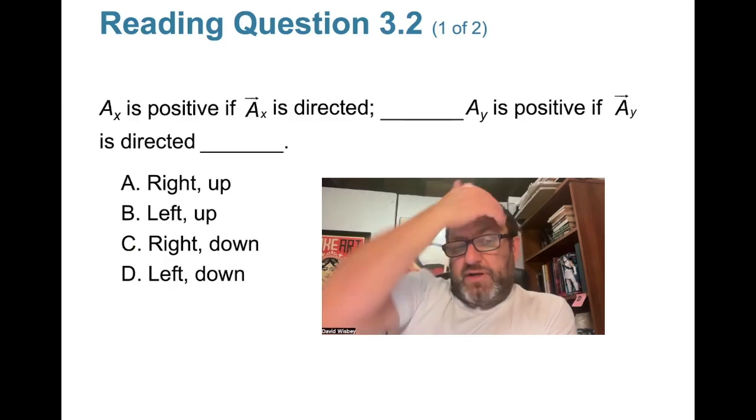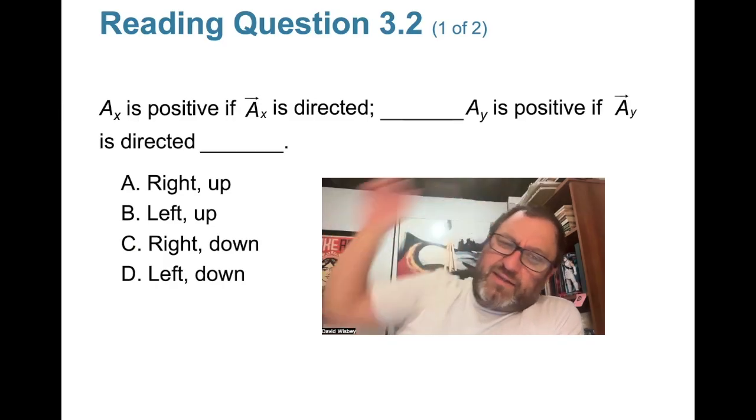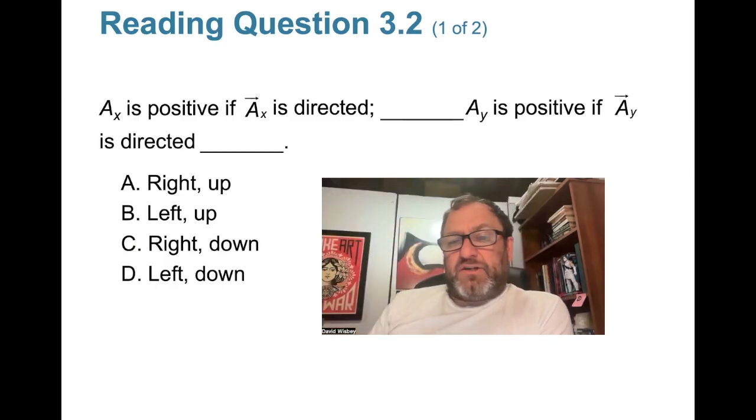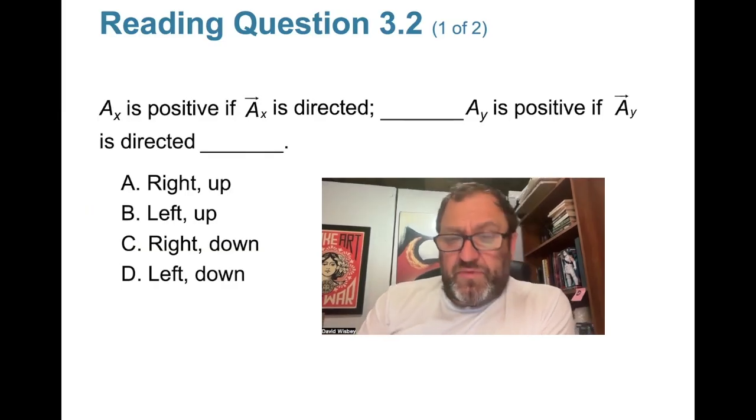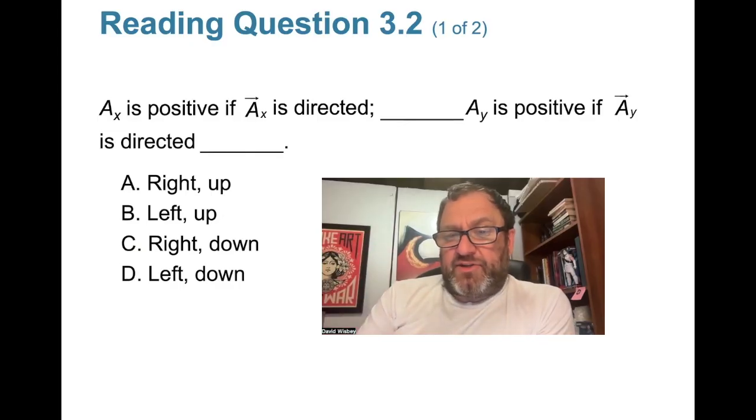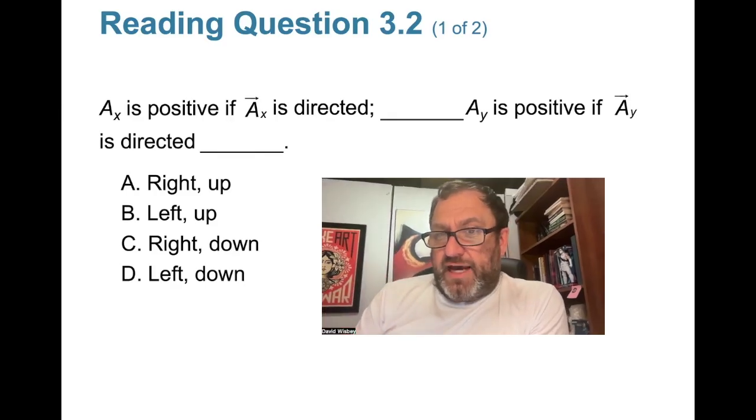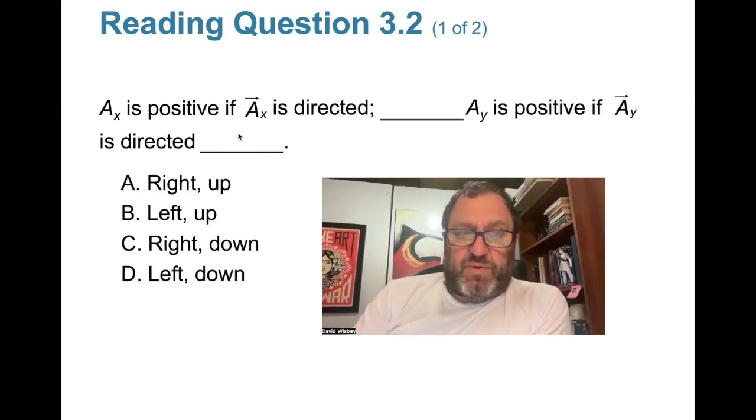All right, let's look at this one. Ax is positive if the vector Ax is directed blank, and Ay is positive if the vector Ay is directed blank. Well, in our coordinate system, we always say that in the x direction, right is positive, and in the y direction, up is positive.